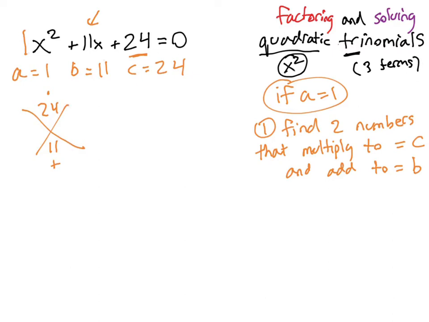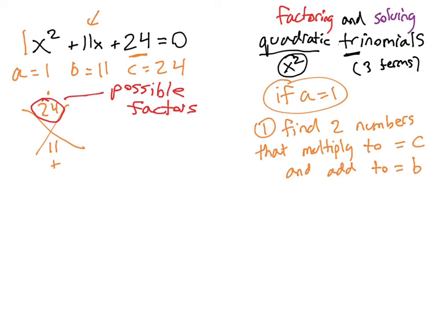Now you might be able to see right away a pair of numbers that works, but if you get stuck, I would recommend you start by thinking about the multiplication part, because there are infinitely many ways we could add two numbers together to get 11, but there's a relatively smaller number of ways that we can multiply two numbers to get 24. So when I get stuck trying to solve these types of puzzles, I'll start by listing the factors of the number we're trying to multiply to get.